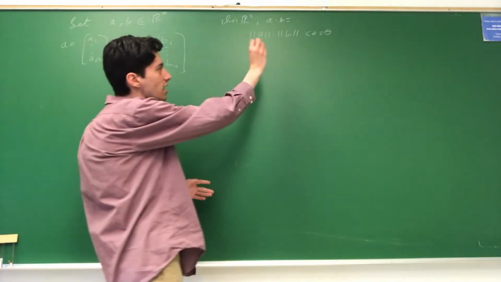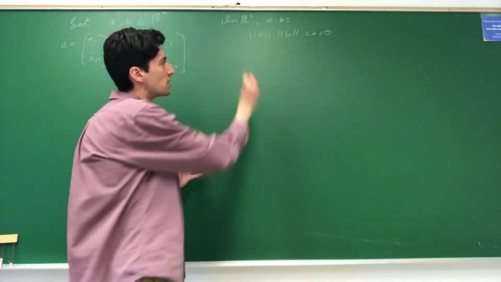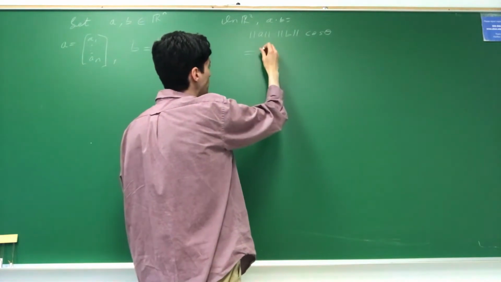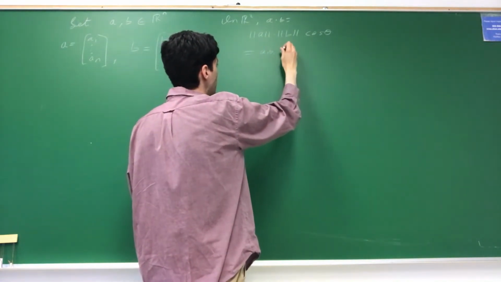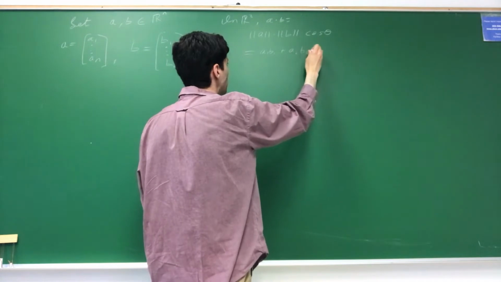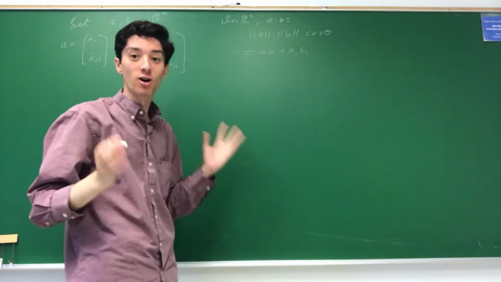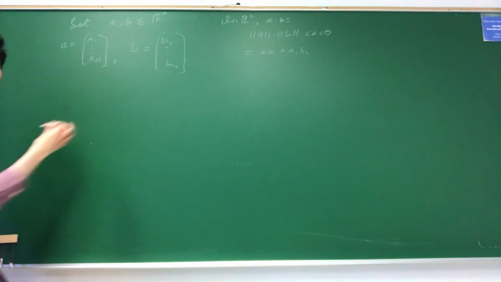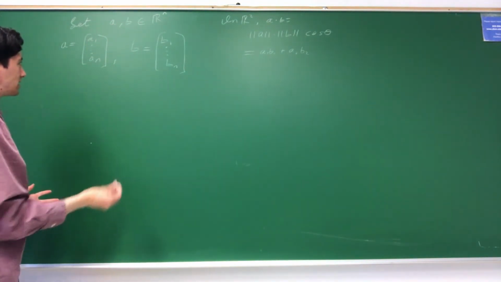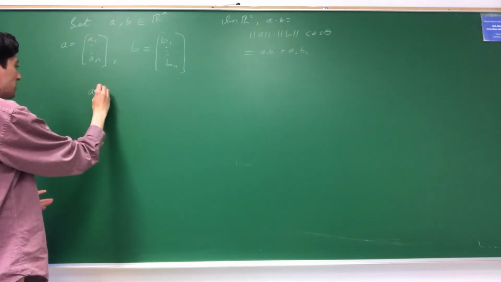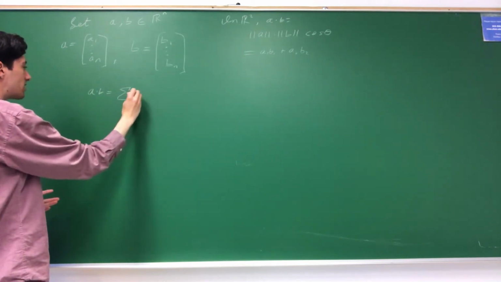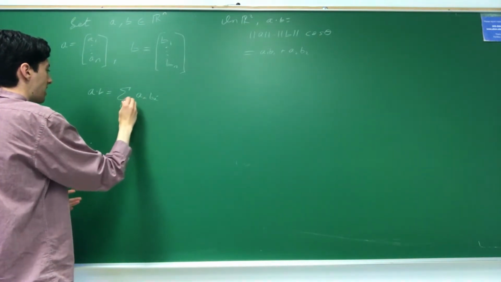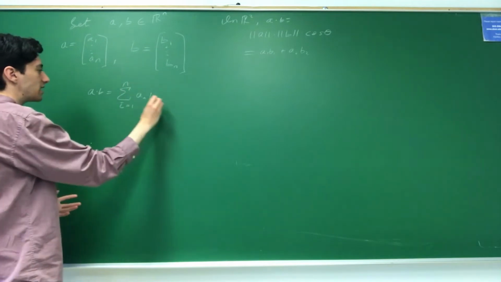So remember in a previous video, I showed that this formula for the dot product in 2 dimensions is actually equal to this formula, where we have A1 B1 plus A2 B2. These 2 expressions are equal to each other. So if we have A and B as elements of Rn, we can say that A dot B is equal to the sum of Ai Bi as i goes from 1 to n.